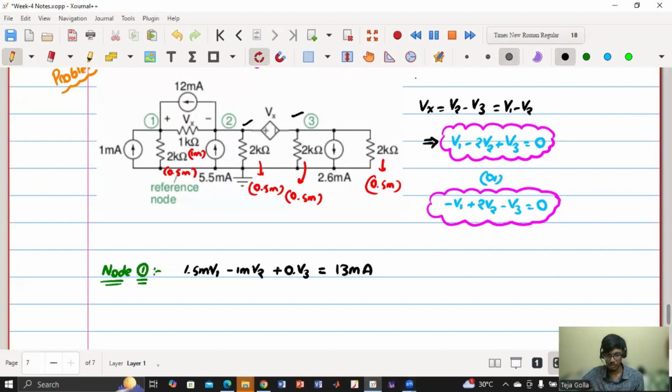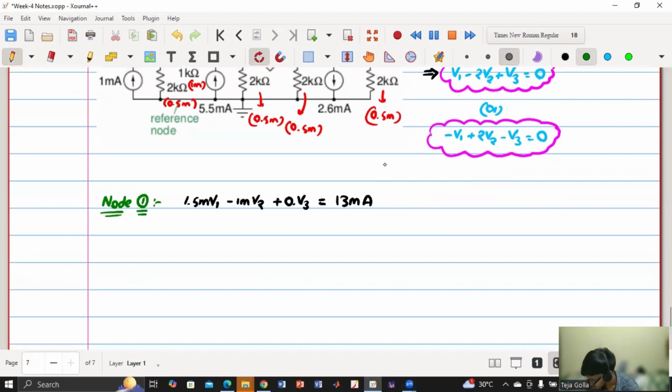Now comes our supernode, which is node 2 and node 3. Node 2, comma, node 3. So now this is our supernode.